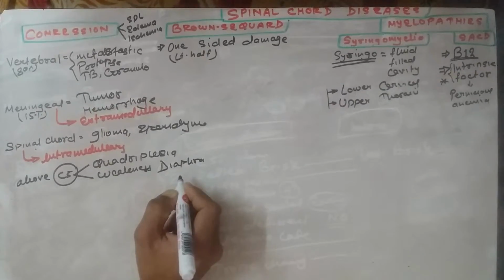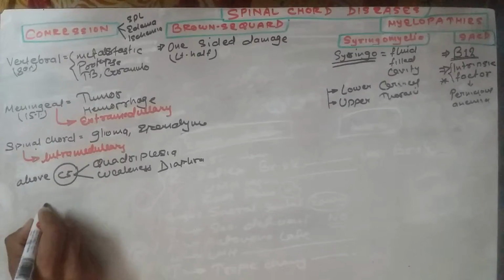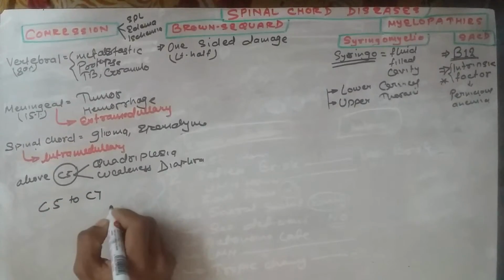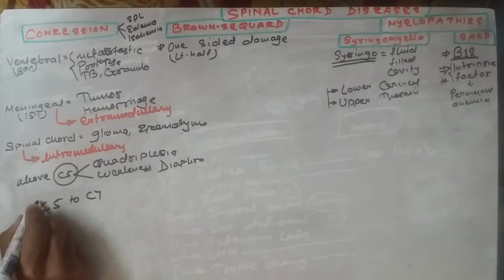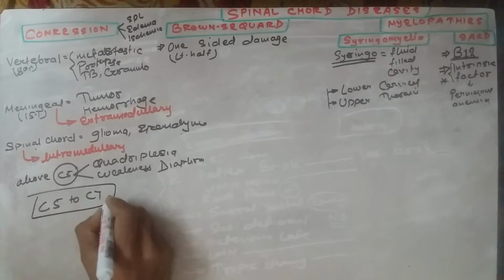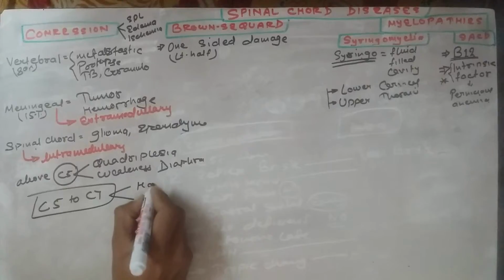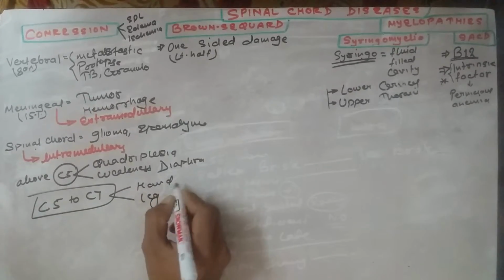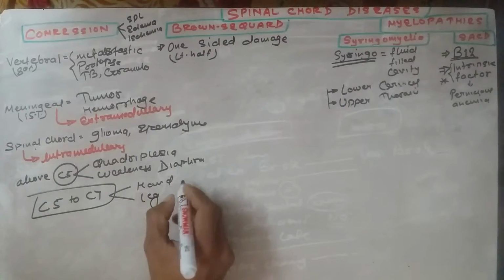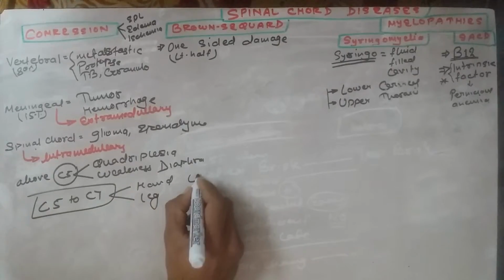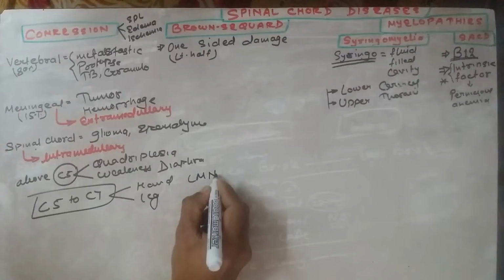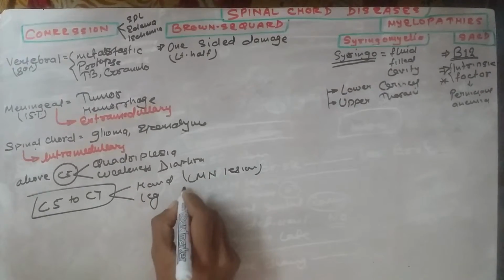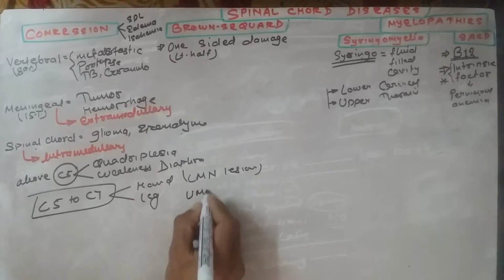And if the lesion is in the region of C5 to C7, we will divide it into what happens in the hand and what happens in the leg. The hand presents with features of lower motor neuron lesion, and the leg presents with upper motor neuron lesion.